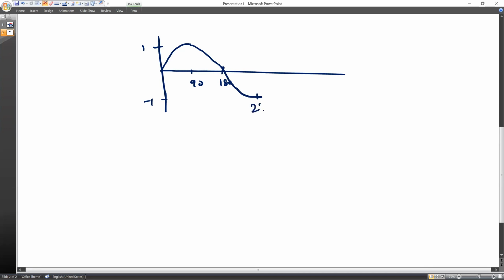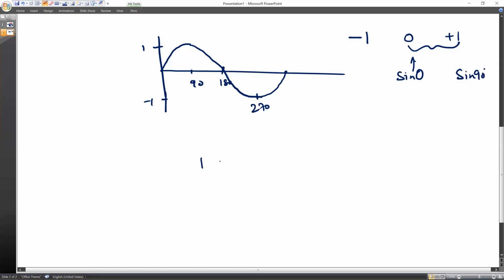At 270 degrees it is -1, and at 360 degrees again it is 0. So the value of sine lies between -1, 0, and +1, and the positive values are from 0 to +1.